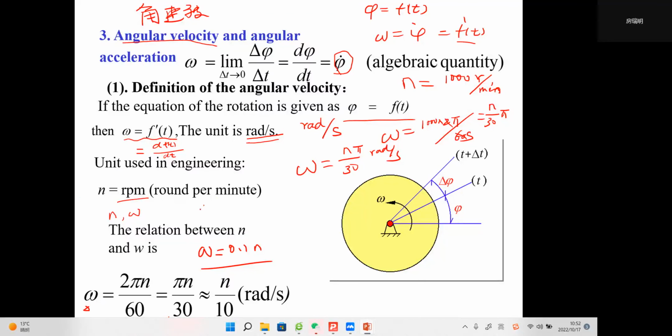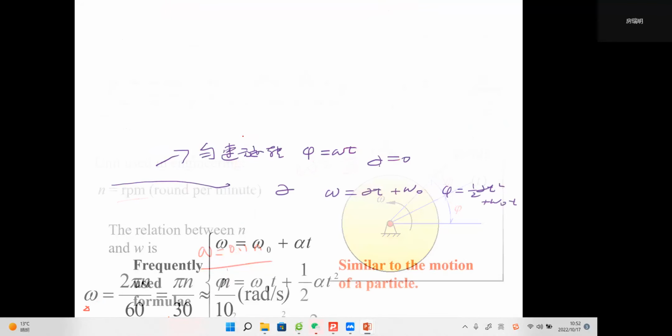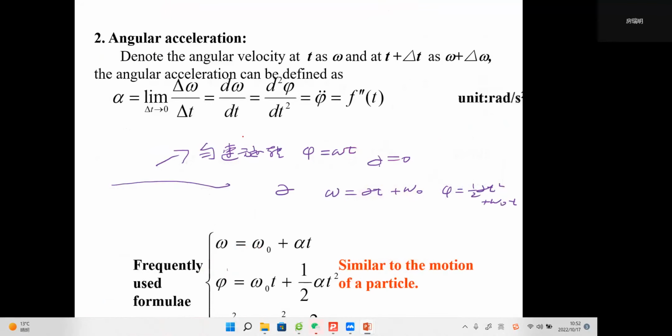So we always should know omega equals n pi over 30, which is approximately 0.1 n, right? That's what we learned last time.